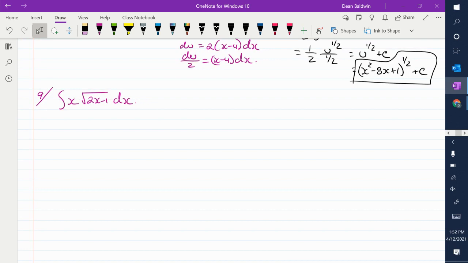So when you get something that looks like this, whatever is the inside function, sub that out. You know what I'm saying here? If it's something inside a square root or something inside a cube or to the power of 8 or whatever, that is your u. So our u here is 2x minus 1. Do your derivative, just like you normally do.